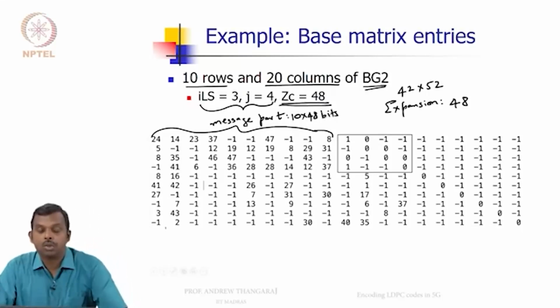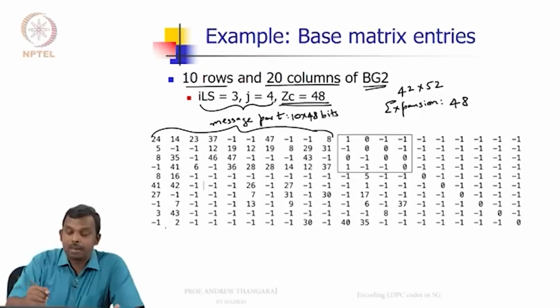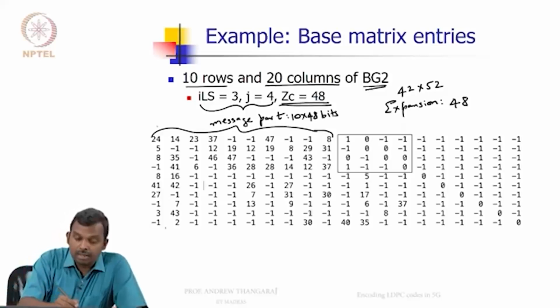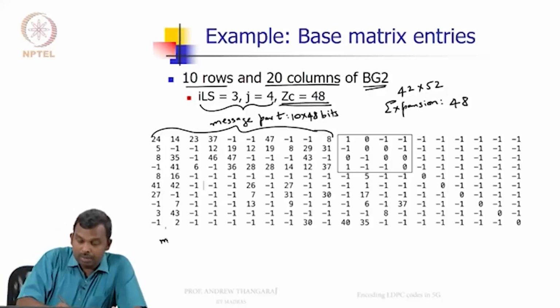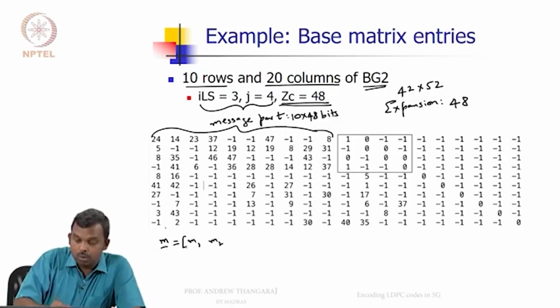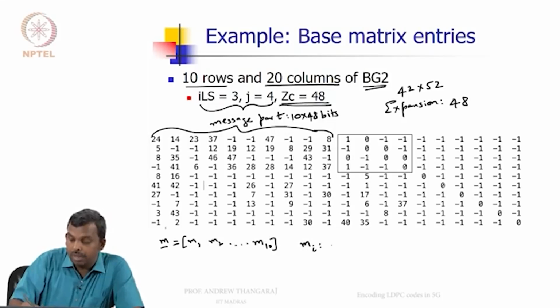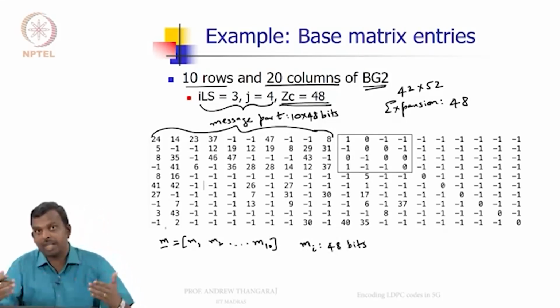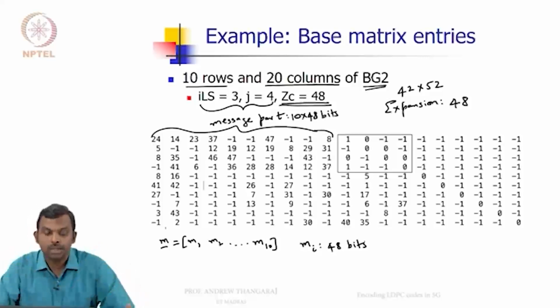Usually we'll consider this in some block fashion, as in the message itself will be taken as M1, M2 till M10. Each Mi will be 48 bits. I'll think of it as a vector, just concatenated to put together the message part.